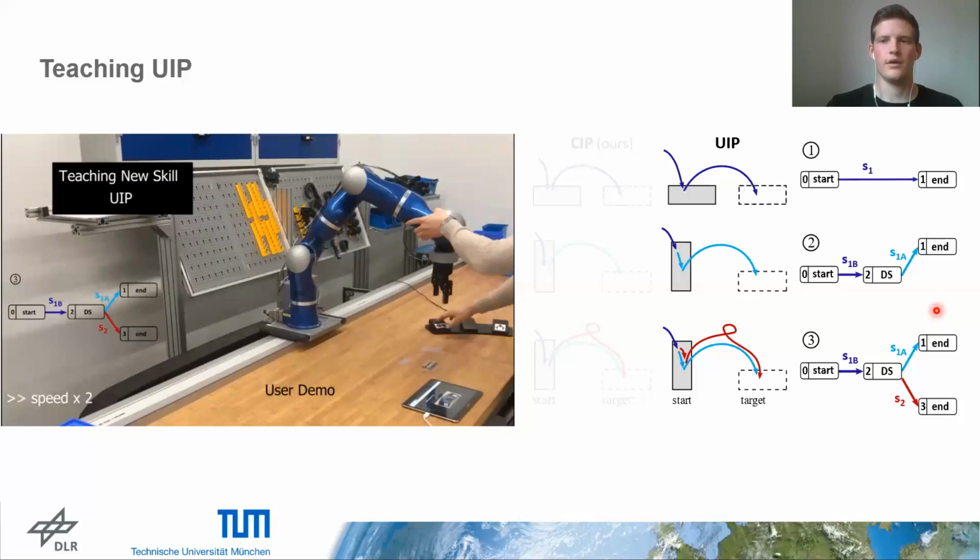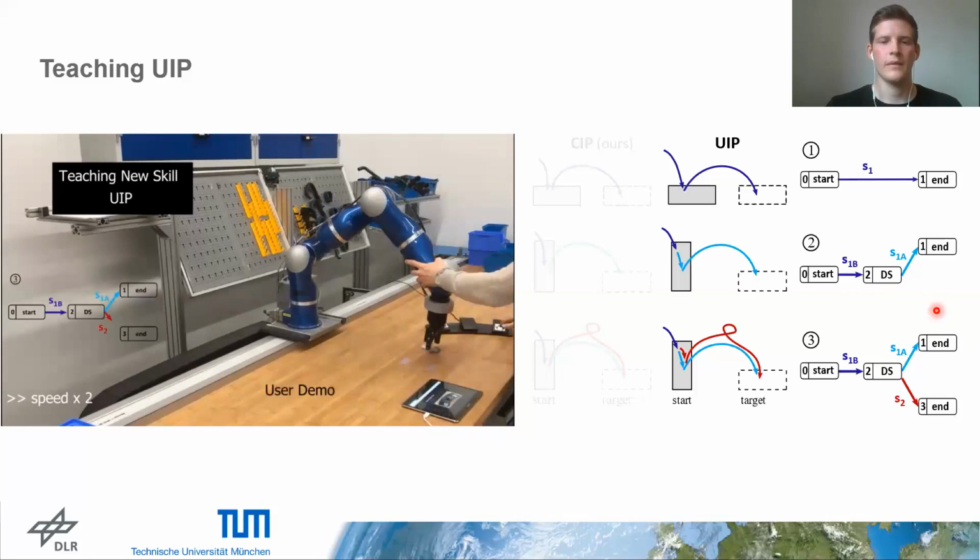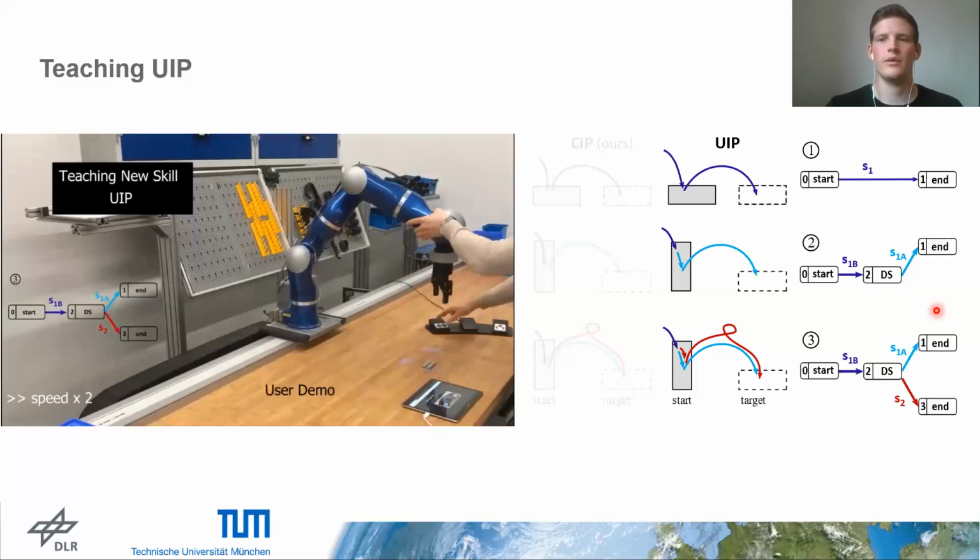But as you've probably already seen, the user decided too early to demonstrate a new skill where the robot could not yet sense an anomaly. This is due to the discrepancy in the sensing capabilities of the robot and the user, because the user already sees the anomaly, but the robot can't detect it at that moment.